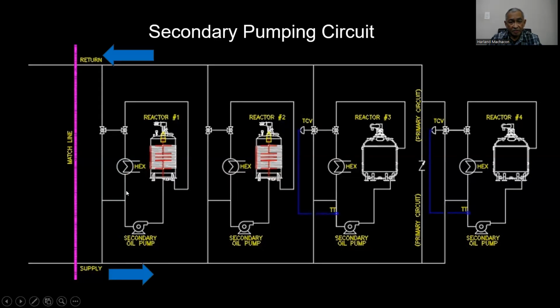And this cold fluid is mixed with the fresh heat transfer fluid led into the suction line. And the ratio of the mixture, cold and hot, is controlled by this valve in here.